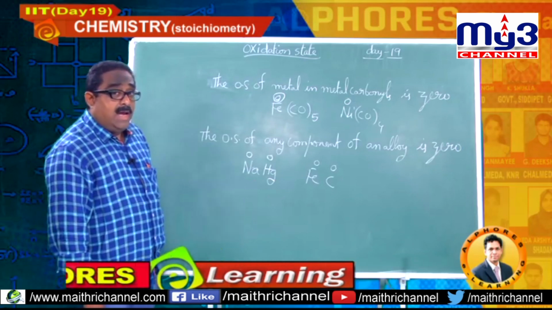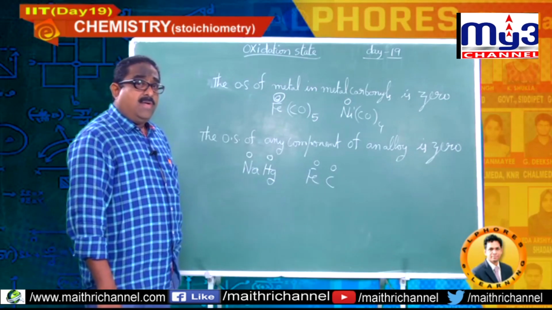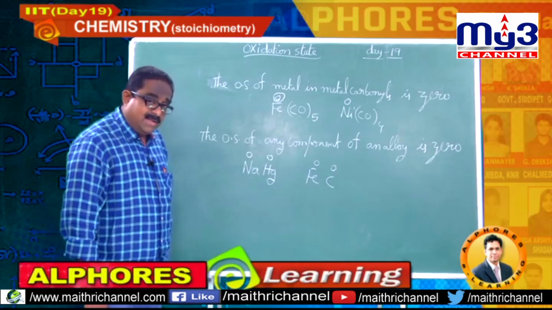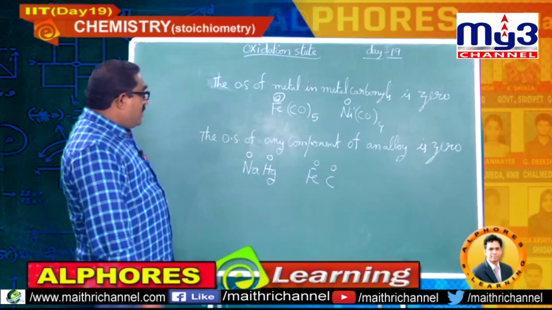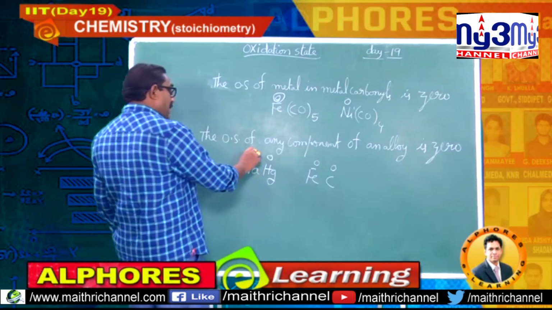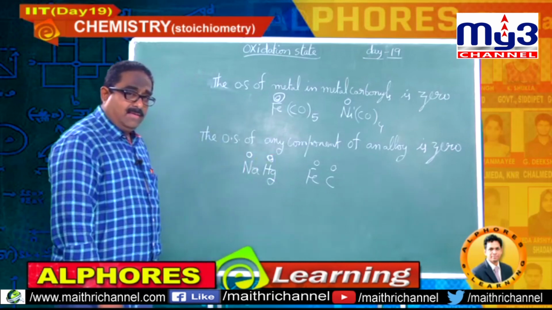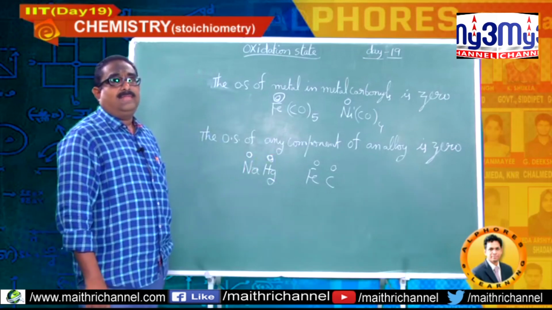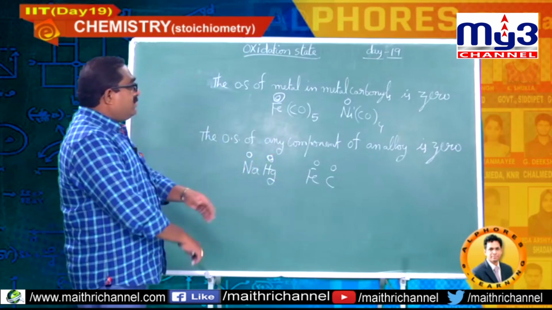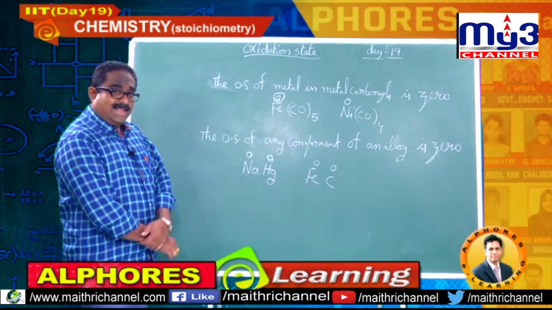Formation of an alloy is a physical change, and moreover it is not a chemical change. So there is no transfer of electrons. So simply you can say the oxidation state of components of an alloy is always 0. Please note down these two. Then now we will go for the exercise. Please note it down.